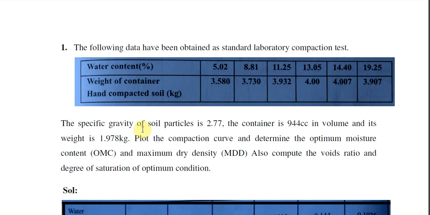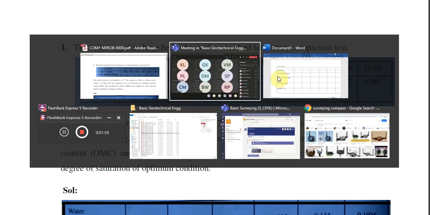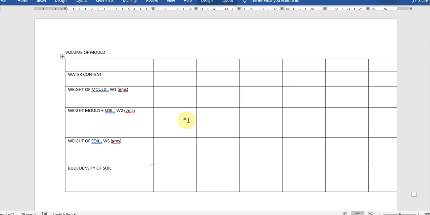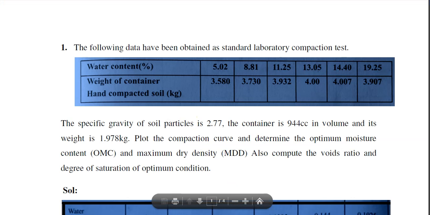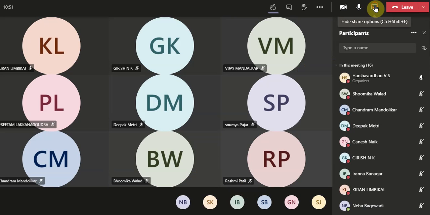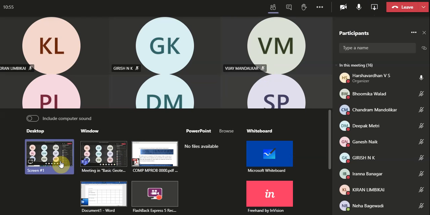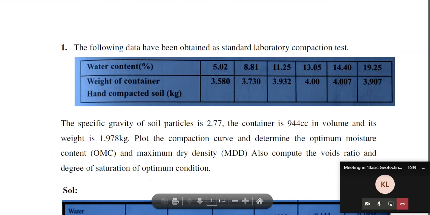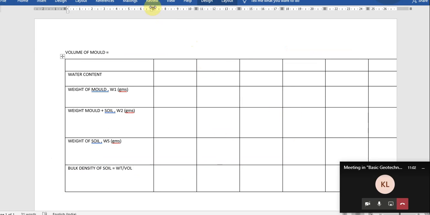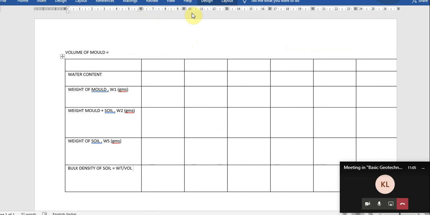Now you have to draw a table. Okay, can you see this?